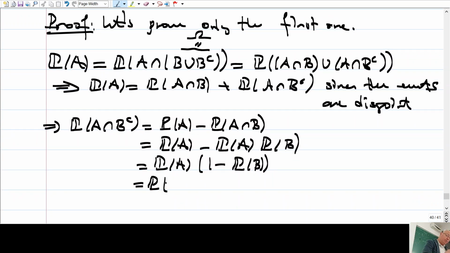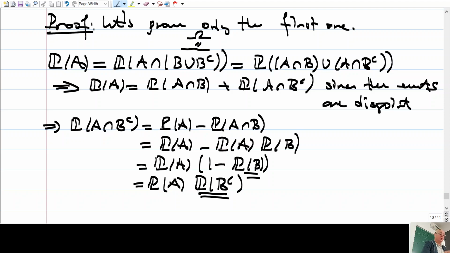This is the probability of B complement, right? Because B and B complement is a partition of the sample space. Therefore, the sum of the probabilities PB and PB complement is equal to 1.